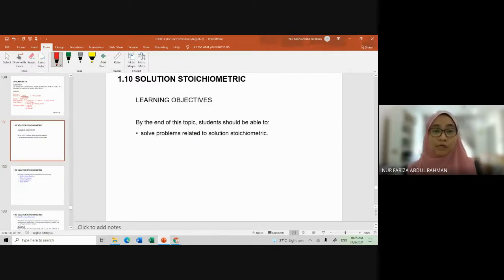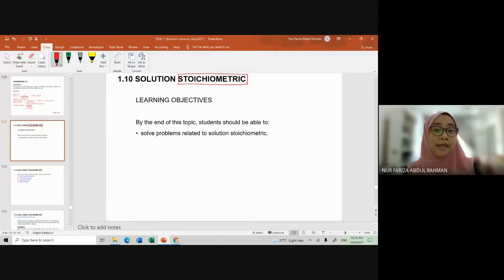So let's wrap up our topic 1 with our very last subtopic, which is subtopic 1.10, solution stoichiometry. We already learned about this in our previous slide. It's actually the same thing. So stoichiometry is the link ataupun the relationship that we normally have in a balanced equation. That links reactant and product, reactant and reactant, and product and product.